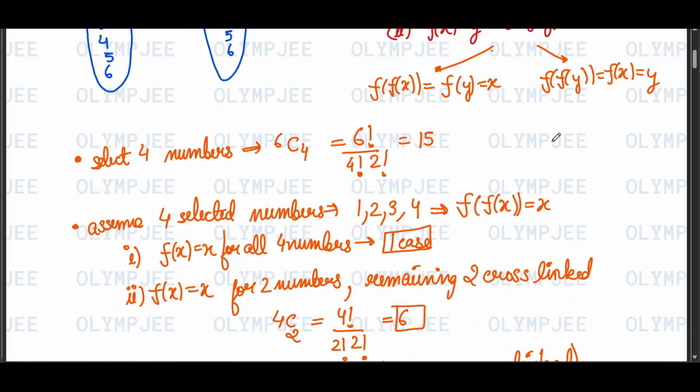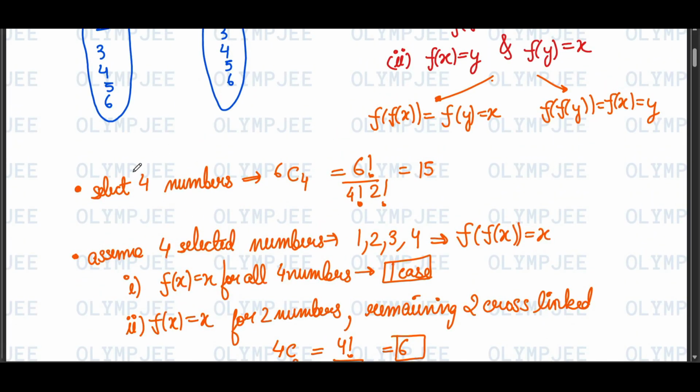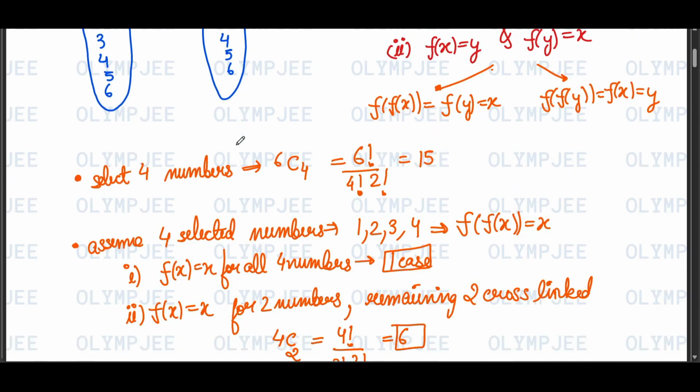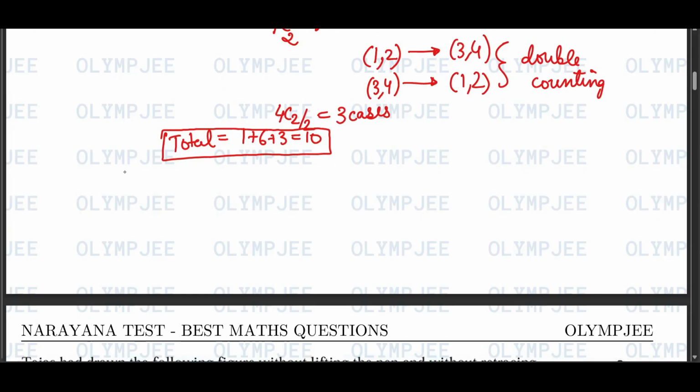So now the remaining two numbers, except these four numbers, so 5 and 6, since we assumed it to be 1, 2, 3, 4, 5 and 6 can be mapped to any number except for 5 because it cannot satisfy f of x is equal to x, and 6 cannot be mapped to 6, and there is one more case that 5 cannot be mapped to 6 and 6 cannot be mapped to 5, right? So remaining two numbers have 5 into 5 minus 1 options.